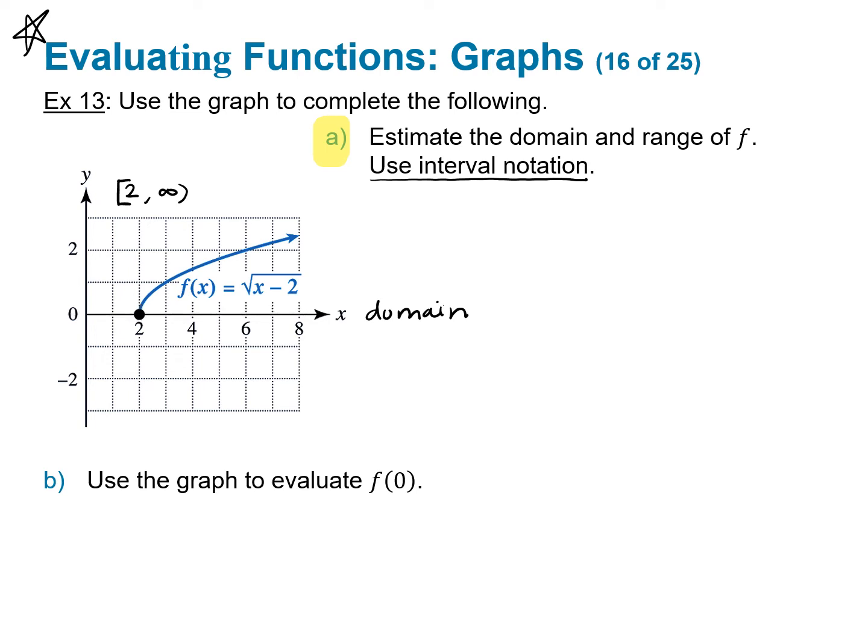And I knew to include 2 because there's a point at 2 at which it is defined. Okay, so let us look from left to right for all the possible x values. The domain is positive 2 all the way to infinity, because we have a function that covers this domain.